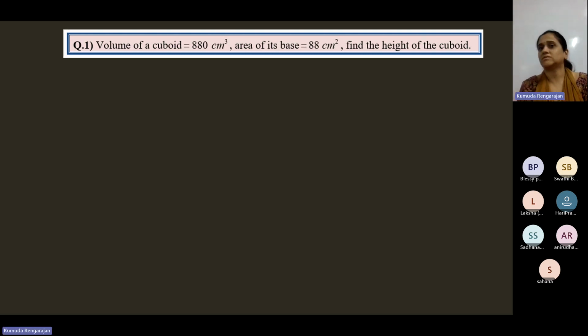Online students? What should be the height? Ten. Because what is volume? Area into height. Area of the base into height is volume. Area of the base is 88, into 10, the volume is 880.